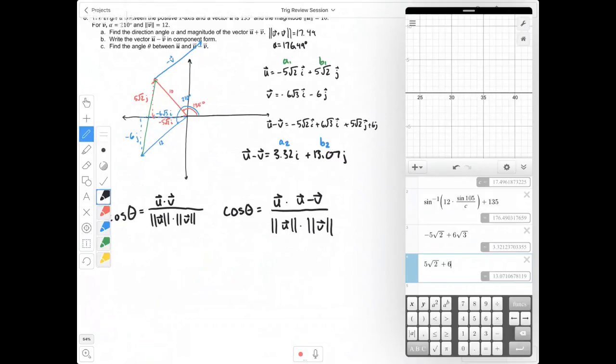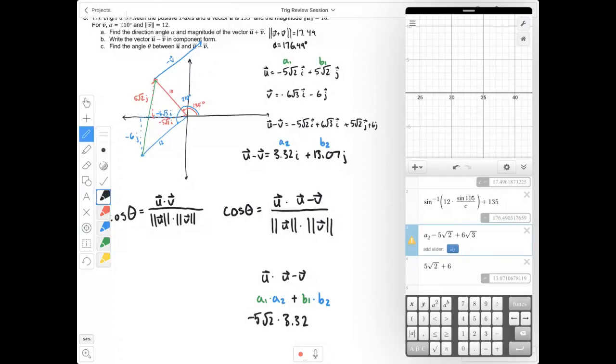And when I do u dot u minus v, I'm going to say a1 times a2 plus b1 times b2, which is negative 5 root 2 times 3.32, which I'm actually going to name that a2, plus 5 root 2 times 13.07.